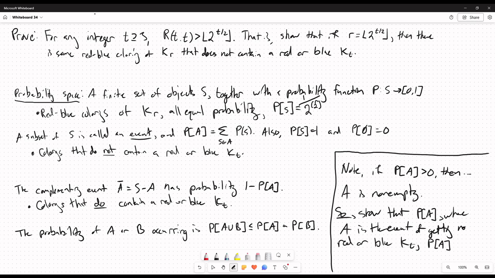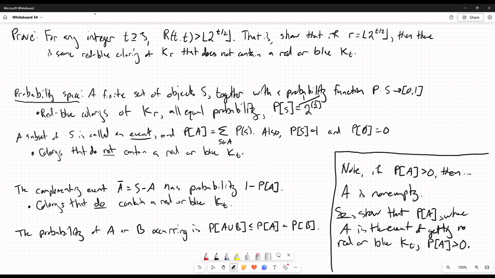Because that would show that there is at least one thing in that event. There's at least one red-blue coloring that has no red or blue K_t. And again, we're going to do that by showing that the probability that something does contain a red or blue K_t is less than 1. Because if that's less than 1, then the complementary event is going to have a probability greater than 0. So that's going to be our battle plan coming up.